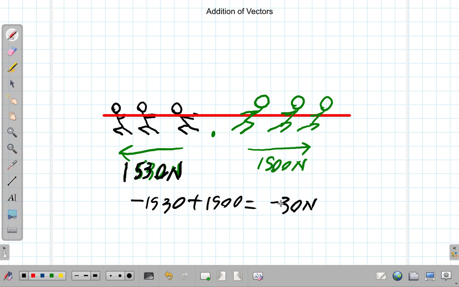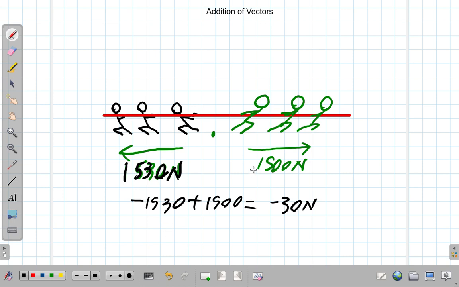So, in this case, the team pulling to the left will win because they are pulling with 30 newtons more than the team pulling to the right. So they will drag them over the barrier and win this competition.